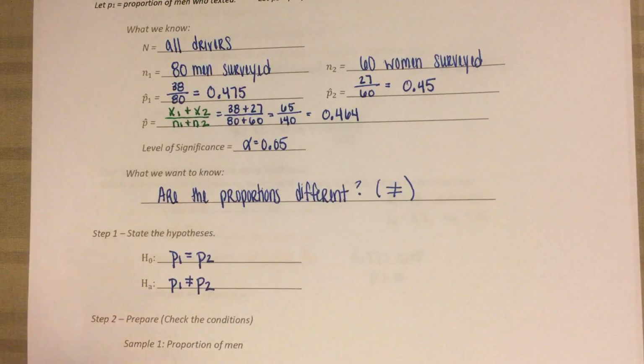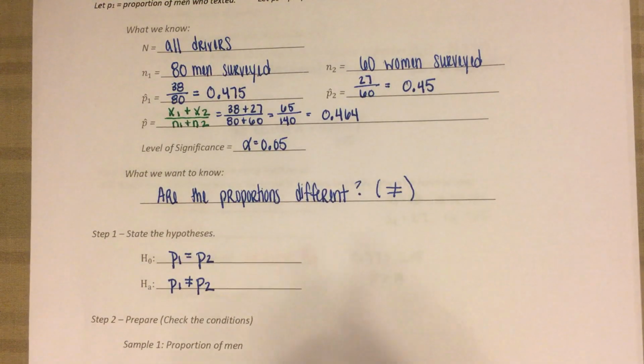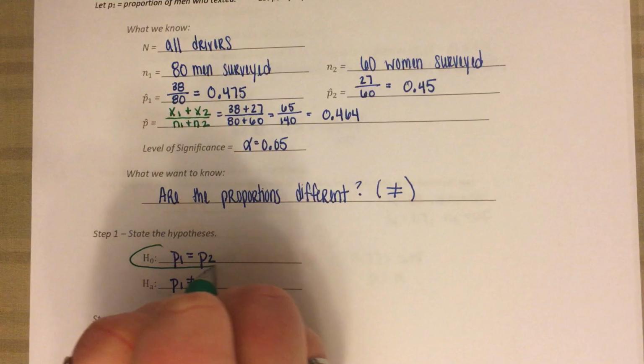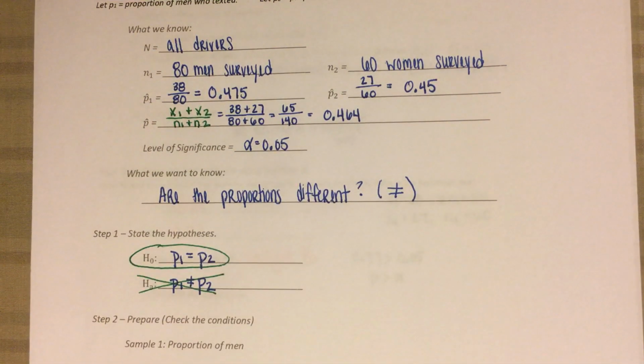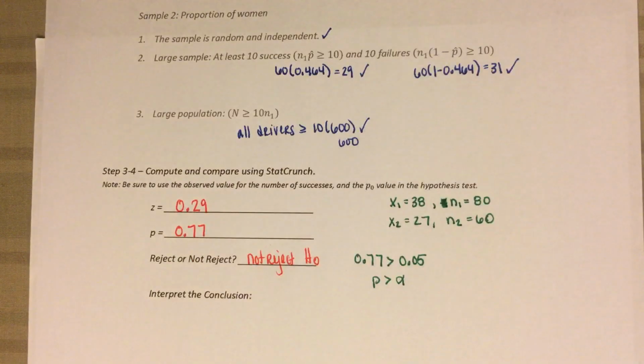All right, so we go back to our pair of hypotheses. Right, we are not going to reject our null hypothesis, so we're going to circle that one. All right, so that means we're going to cross off our alternative hypothesis. All right, so that means that these two proportions could be equal.